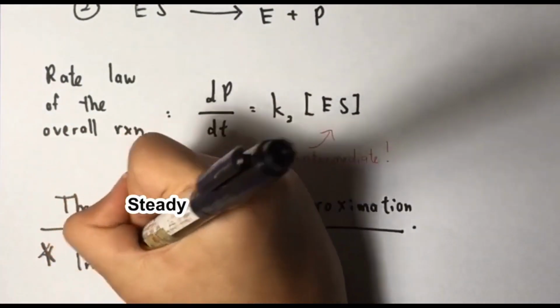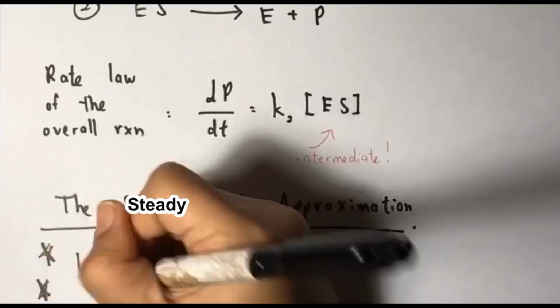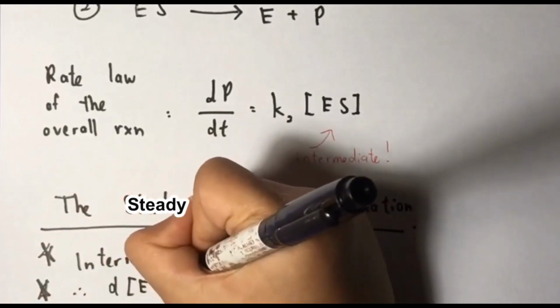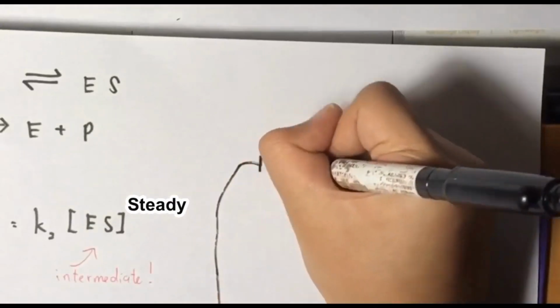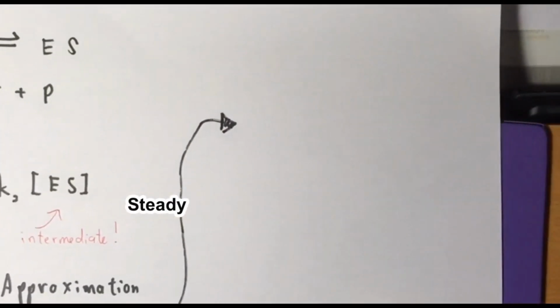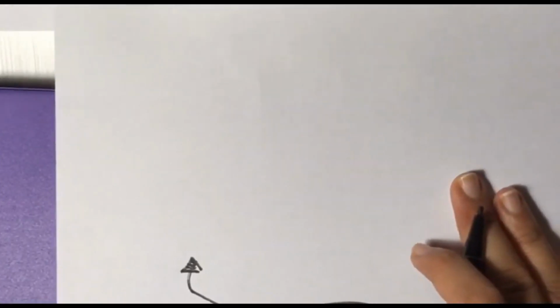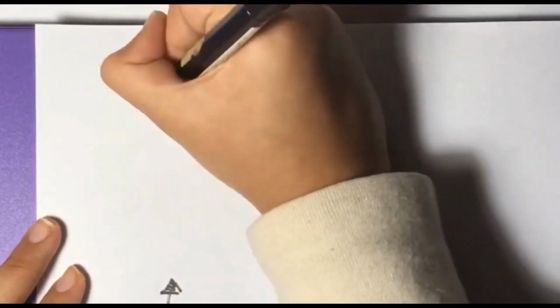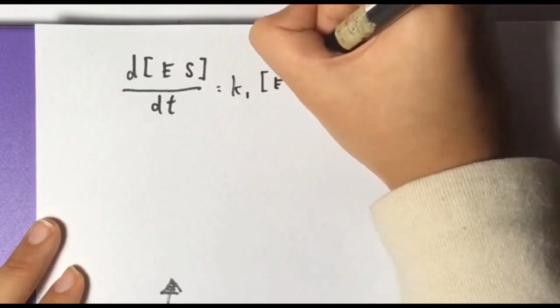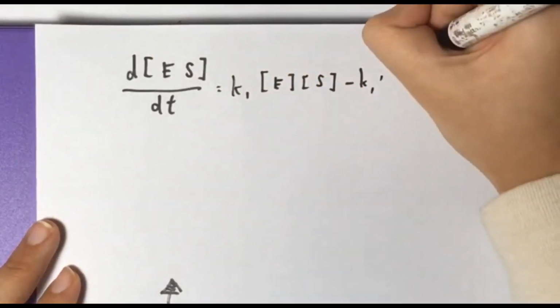So we are going to say that the intermediate is equal to 0, and in this case, the concentration change d[ES]/dt is equal to 0. So we equate the whole equation with 0.